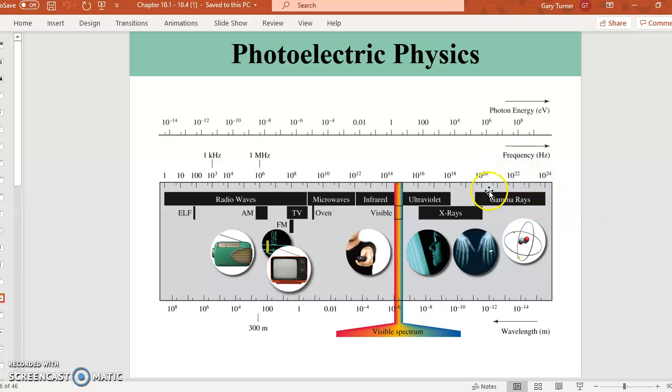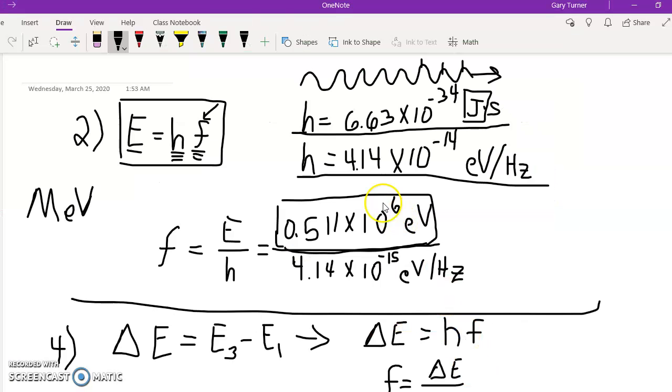And your gamma ray frequency should fall within this range. So when you calculate this number, 0.511 times 10 to the 6th, divided by 4.14 times 10 to the negative 15, then you should get something that's in that range. So that's problem number 2.